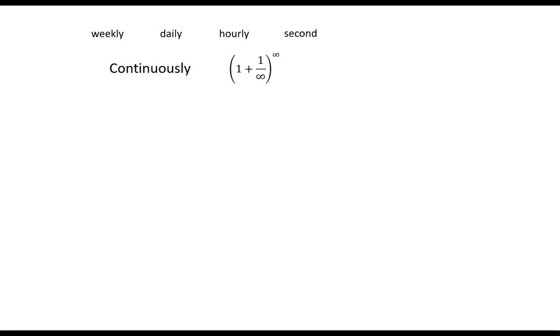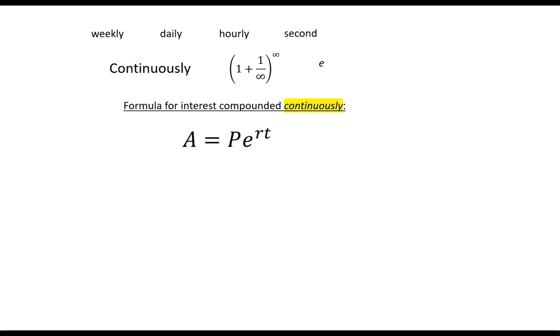And that value, 1 plus 1 over infinity to infinity, we just saw is the natural base e. And so we have a formula for continuously compounded interest. We have a nice pert little formula. The formula for interest that's compounded continuously, we're going to replace the 1 plus 1 over n with the e, and so that's A equals P times e to the rt power.